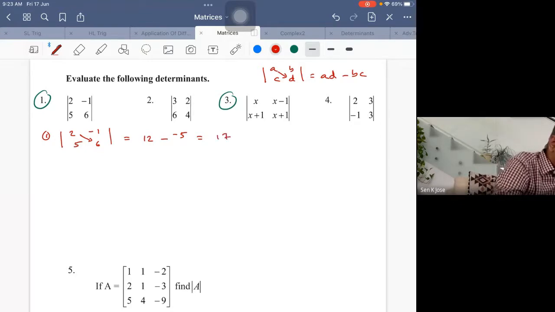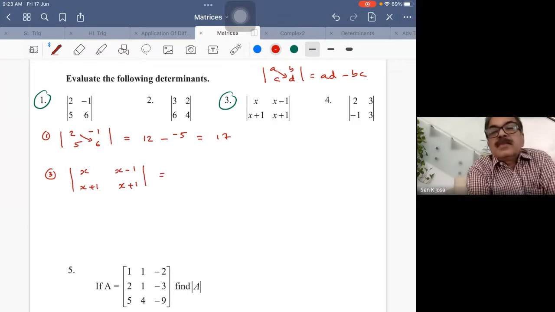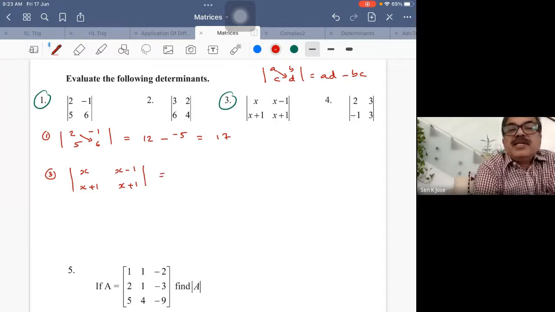Then question 3. That is determinant x, x minus 1, x plus 1, and x plus 1. All right, so we need to expand this. Aishi, tell me, how do I go about it?